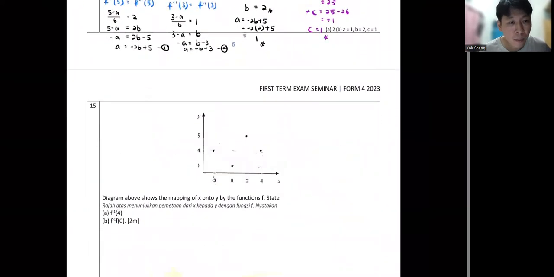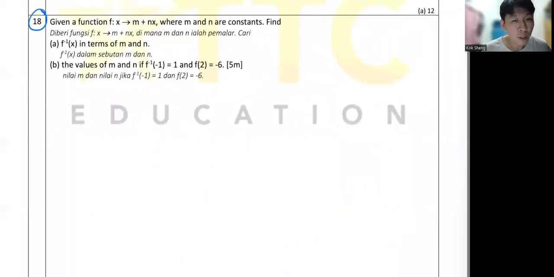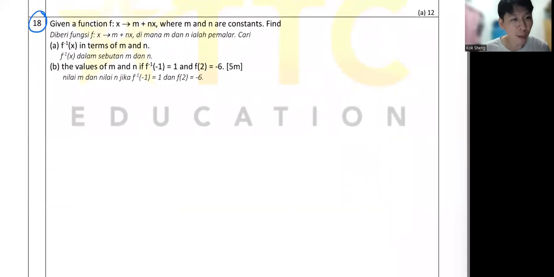Number 18, also 5 marks. Given a function f(x) where m and n are constants. Question A needs to find f negative 1 of x in terms of m and n.